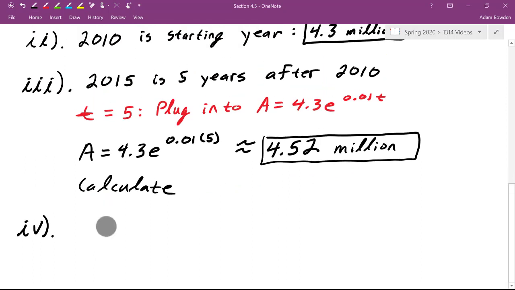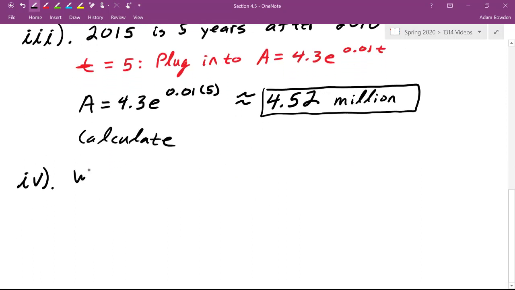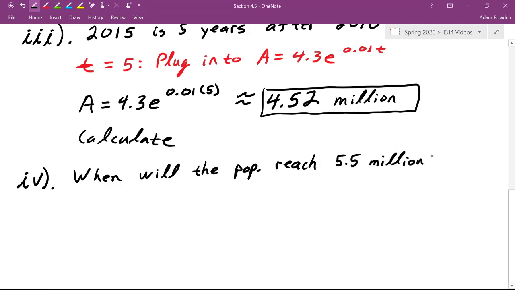Okay, and then the last thing that it asks us is when will the population reach 5.5 million using this function.